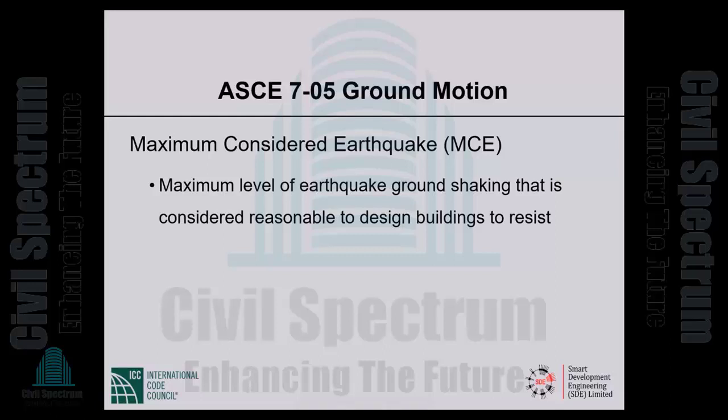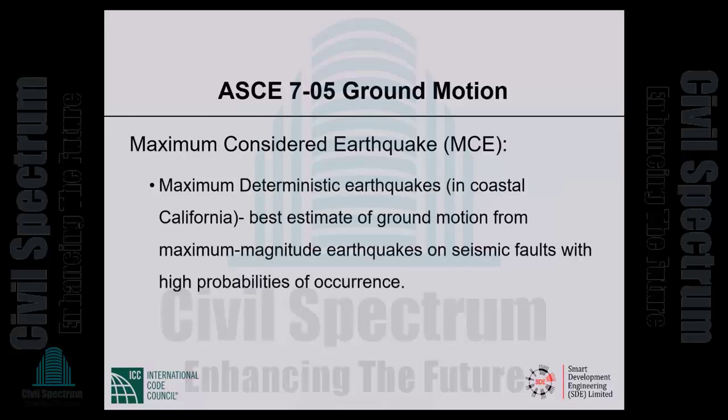What is reasonable? That makes it very poor as a definition. This is the declaration of principle. The real definition that was built around this declaration of principle became a two-part definition in ASCE 7-05 and the IBC because of the peculiar circumstances of the United States.